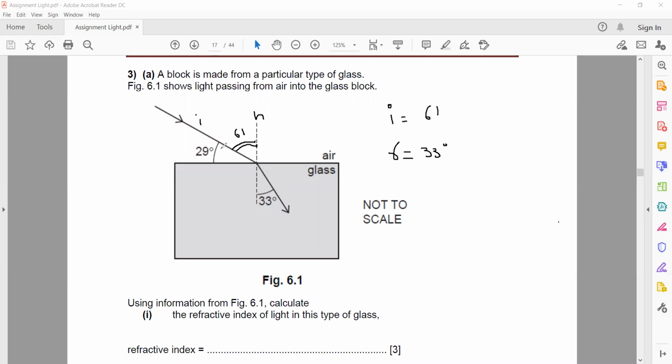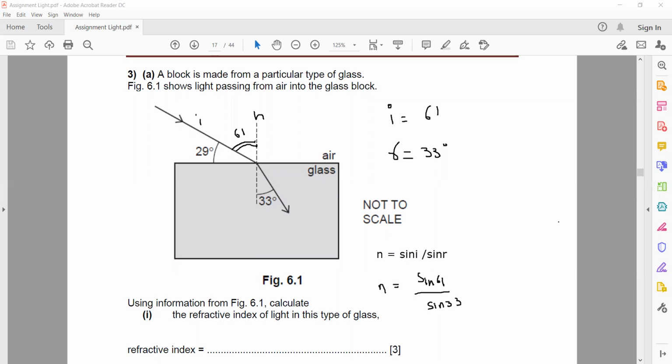In this example, light is moving from air to glass. So when light travels from air to glass, the refractive index is sine i divided by sine r. So sine of the angle of incidence 61 divided by sine of the angle of refraction 33.